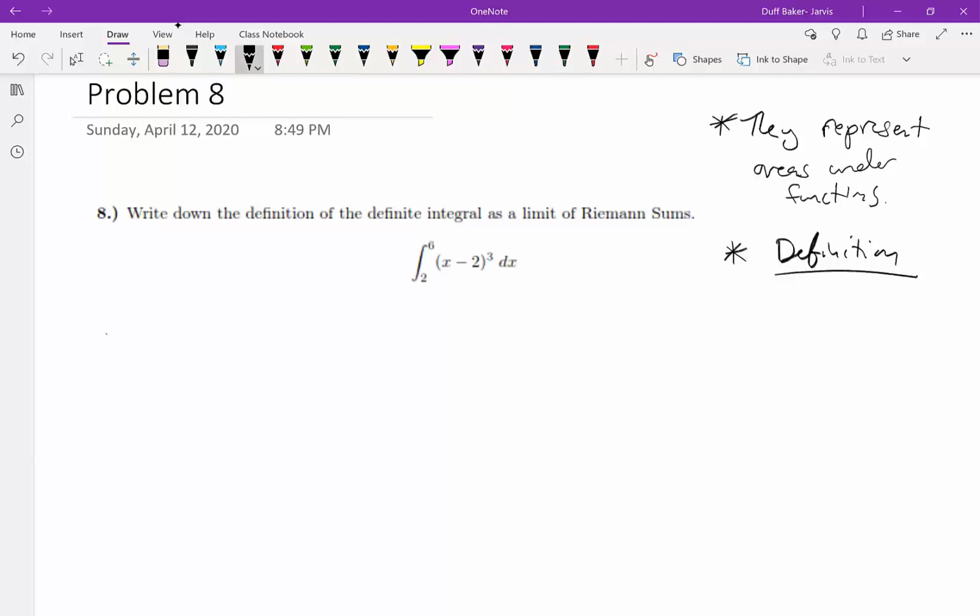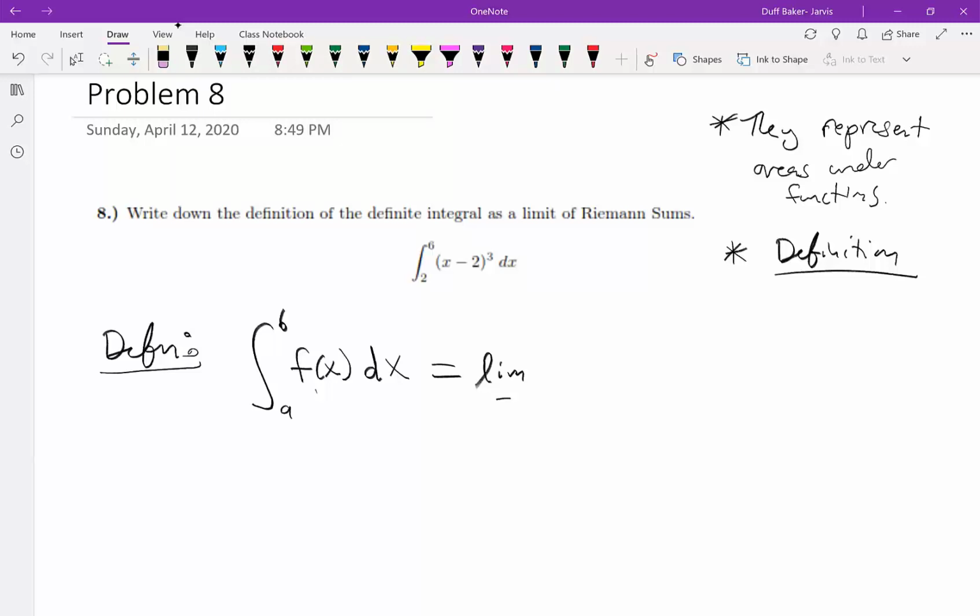So remember, the definition of any definite integral from a to b, the way we would calculate this area under f of x between a and b, is you send the number of rectangles to be really huge. So n, not x. N is the number of rectangles.